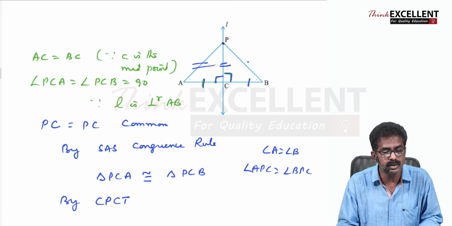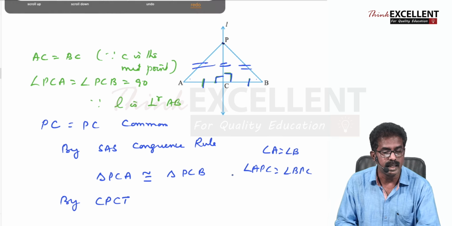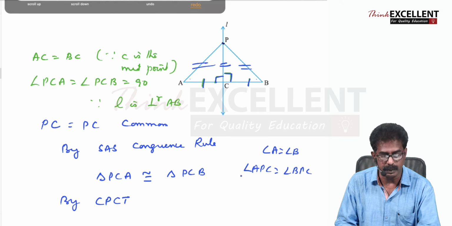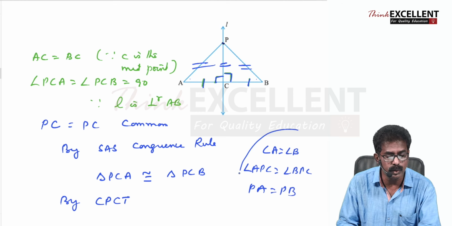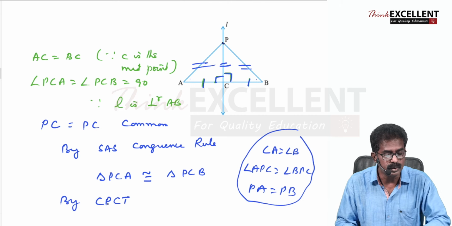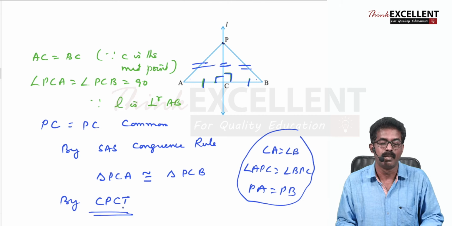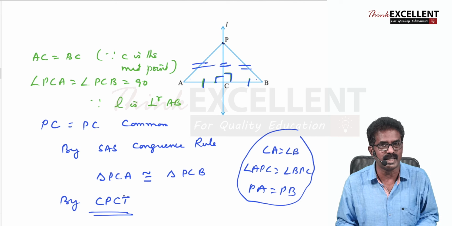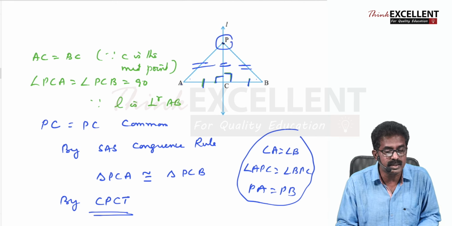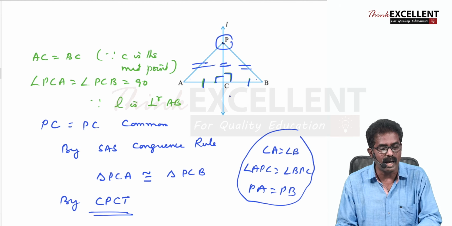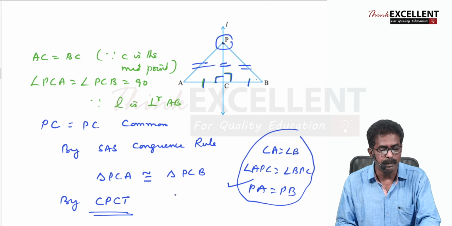And these two lengths also equal. Which two lengths? AP or PA equal to PB. PA is equal to PB. All these three you can say using this CPCT. But what we need here, that alone we take. So what they asked to prove, the point P is equidistant from A and B. So I take only the third one, PA equal to PB.